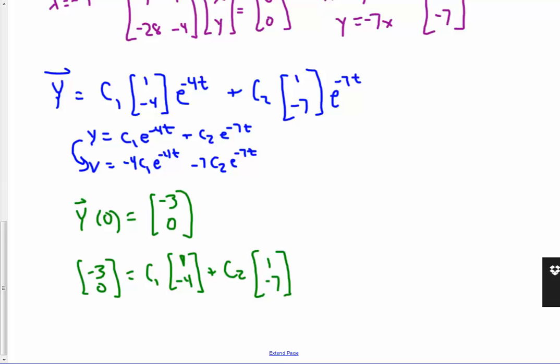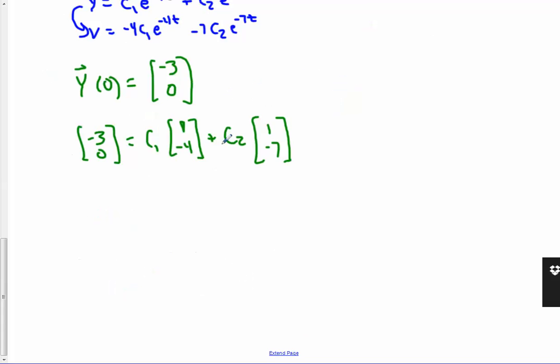Okay, and we can solve that, and again, I'll just fast forward through the algebra here, row reducing it or whatever, and we get C1 equals negative 7, C2 equals 4.